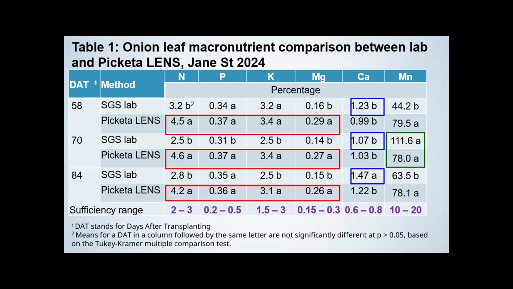One interesting thing that we noticed from this field is that at 70 days after planting, the lab results had a very high value for manganese. This was just a reflection of the foliar manganese that was applied at this stage.